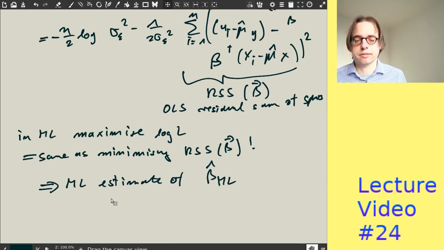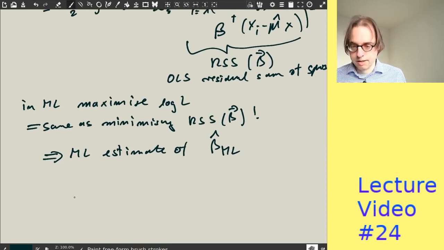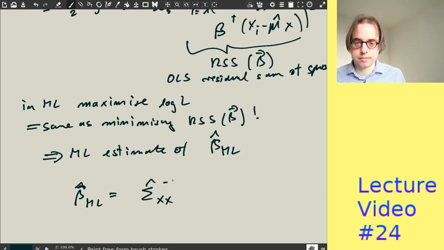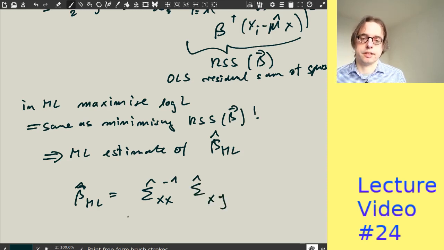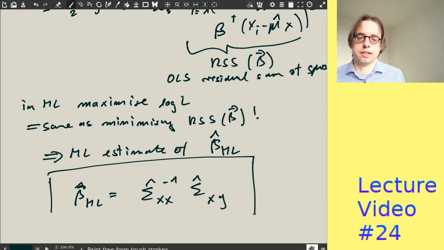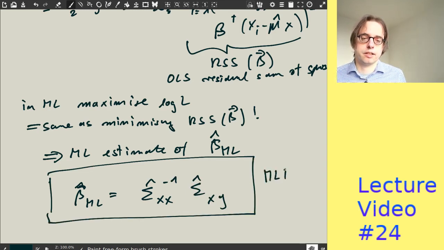So we get beta hat ML, which is of course a vector, is sigma x hat to the minus 1, the inverse, times sigma hat x y. So that's the ML estimate, MLE, for the regression coefficients.